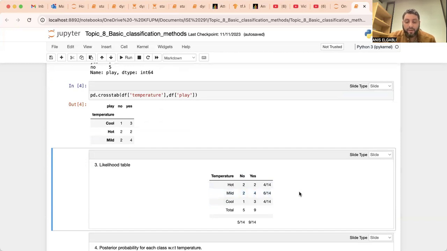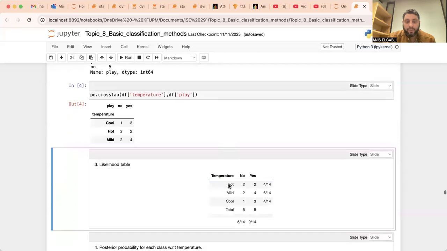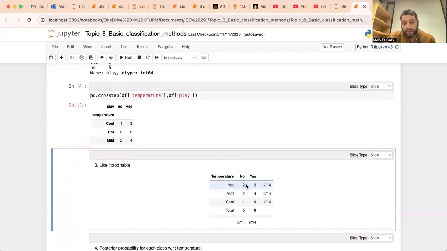Now if I want to compute the probability of yes given hot, that's equal to the probability of hot given yes times the probability of yes over the probability of hot. Let's compute each one of them. Let's start with the probability of yes.